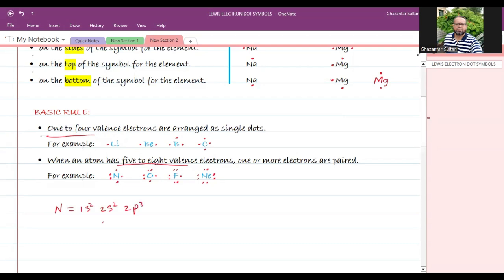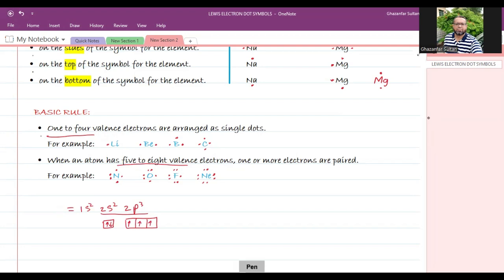Here in s, there are 2 electrons in the s orbital. These are the valence shell, and these 5 are the valence electrons. But in the p orbital, there are 3 unpaired electrons. So that's why we adopt this method.